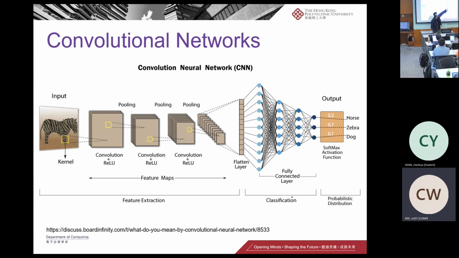For example, you have 3 classes: horse, zebra, and dog. You could have 3 nodes representing the outputs, the probability that the input sample belongs to a certain group. The first node is for horse. It gives you the probability that the input sample is an image of a horse.